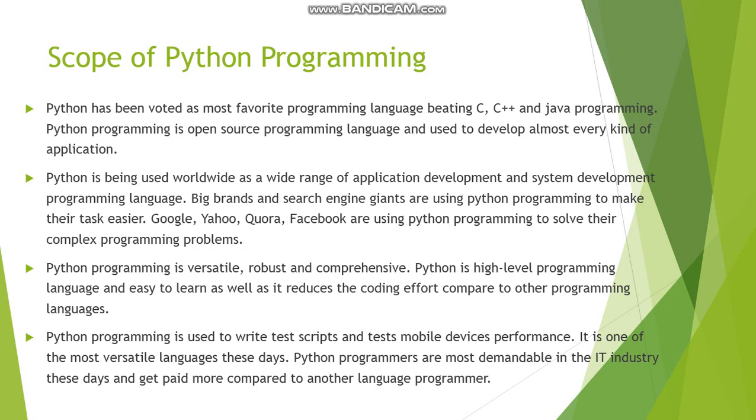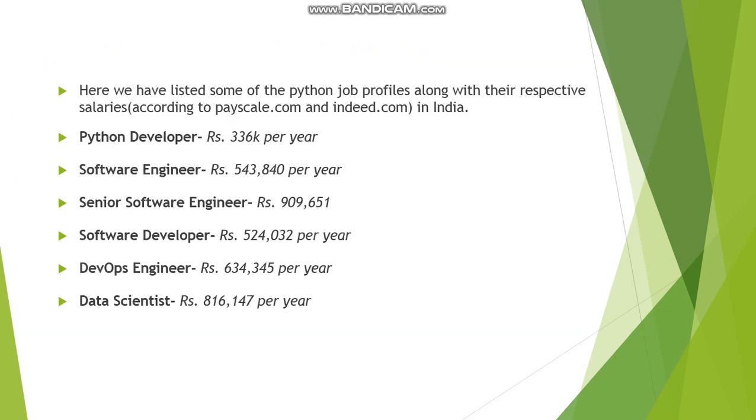Everyone can understand these concepts very well. And after gaining knowledge of Python programming, we can become a Python developer, software engineer, senior software engineer, software developer, DevOps engineer, or data scientist. We have different types of pay scale also. You can see in the slides also.